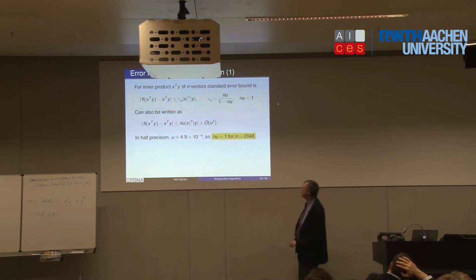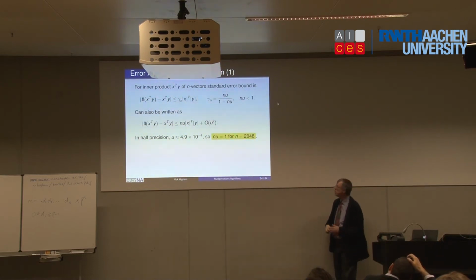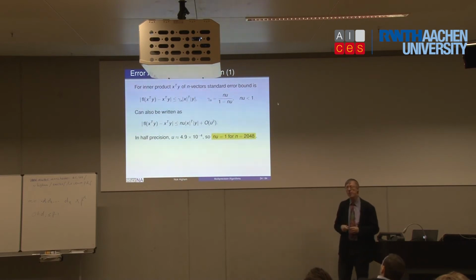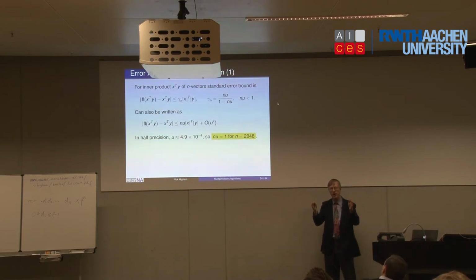Well, that constant gamma n is pessimistic. In fact, that inner product is really summing n terms, xi yi. You could add pairs of terms, so you break the n terms into n over 2 pairs, you do the same again, you form a binary tree, so you add pairwise till you get the sum.